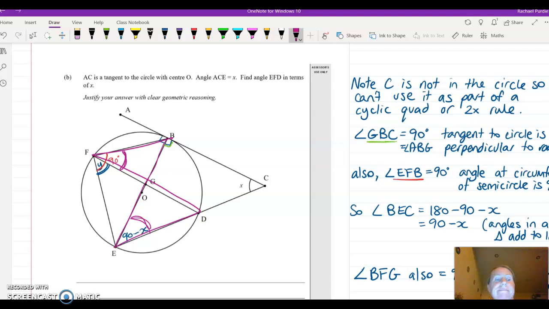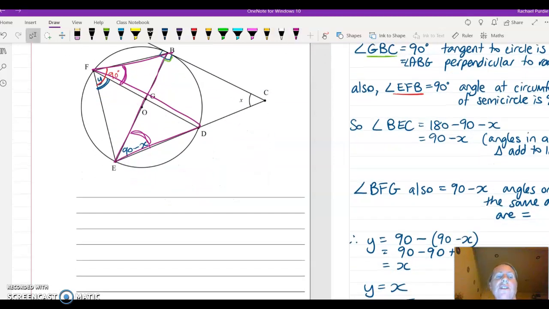So, therefore, finding y is just the 90 that BFE was, minus the 90 minus x part, which is there. Okay, and 90 minus the 90 minus x, use your algebra properly, you end up with x. So that's your final answer.